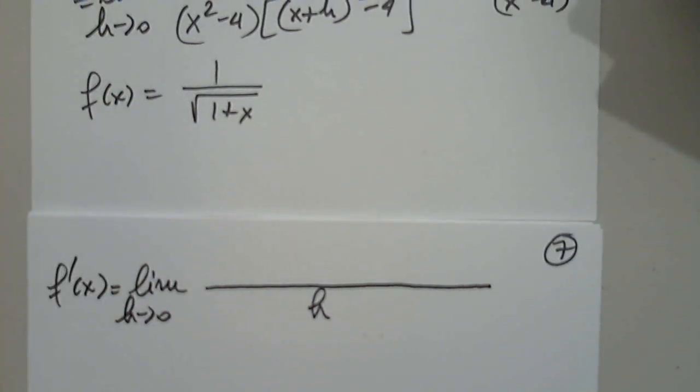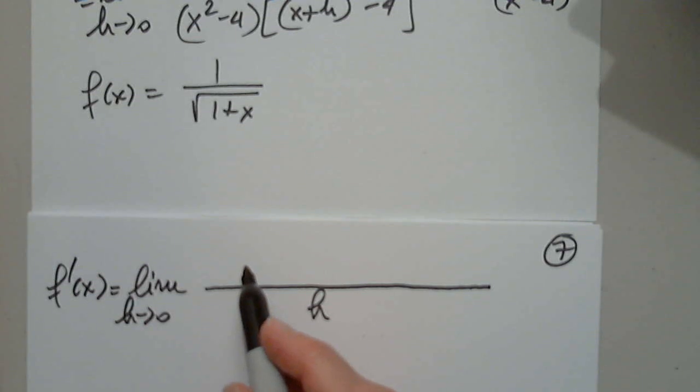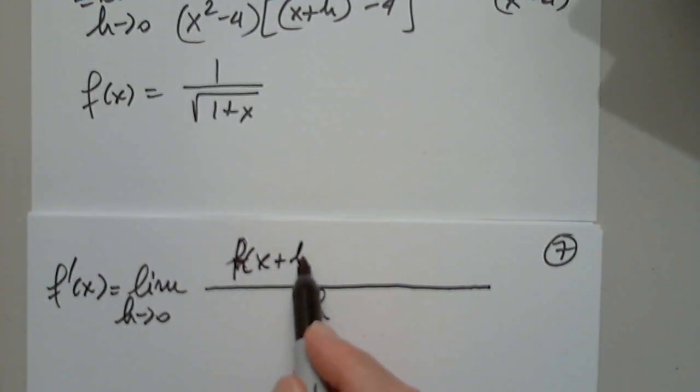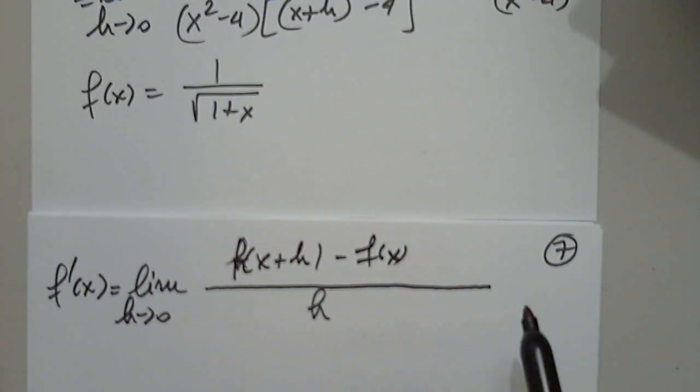But if I were to, you would give me the definition in your dreams, in your sleep. So what do I have to write? f of x plus h minus f of x divided by h.